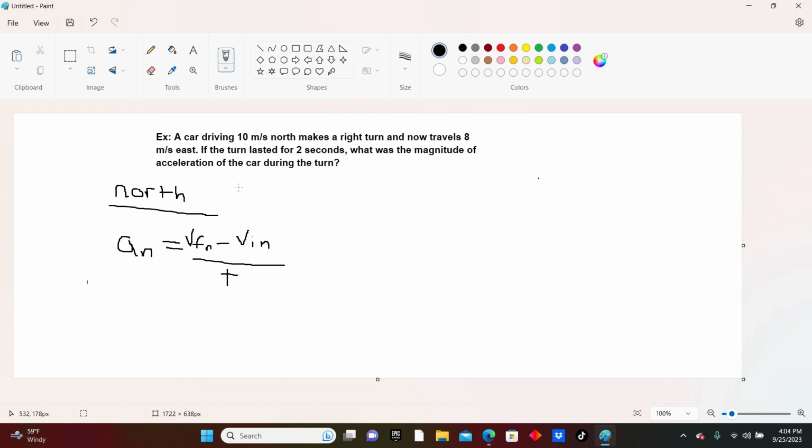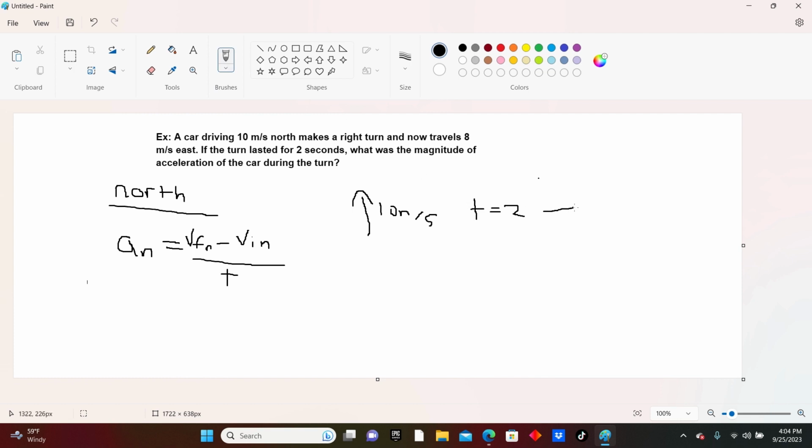So if we look, our initial velocity is obviously 10 meters per second because that's what it was initially going. But after 2 seconds, so let's just draw it. It's initially going 10 meters per second, but then at t equals 2, right?